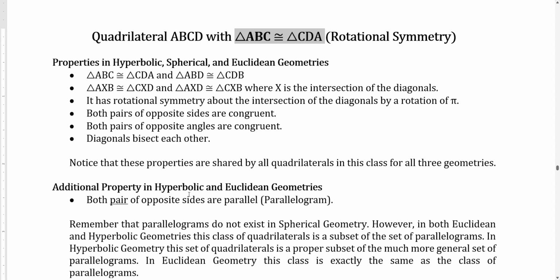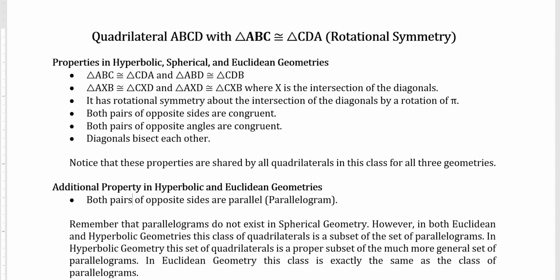Now, in hyperbolic and Euclidean geometry, both pairs of opposite sides have to be parallel, so it's a parallelogram. But of course, parallelograms don't exist in spherical geometry. Now, in hyperbolic geometry, parallelograms are a larger class than this. Just because it is a parallelogram doesn't mean these triangles are congruent in hyperbolic geometry.